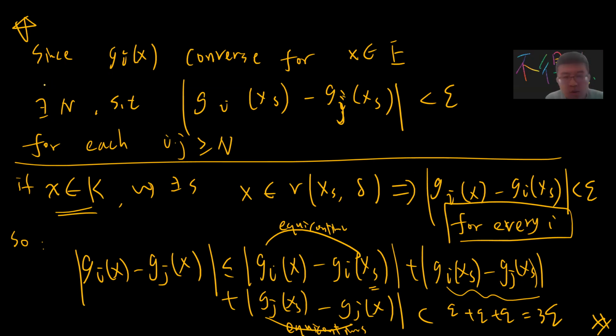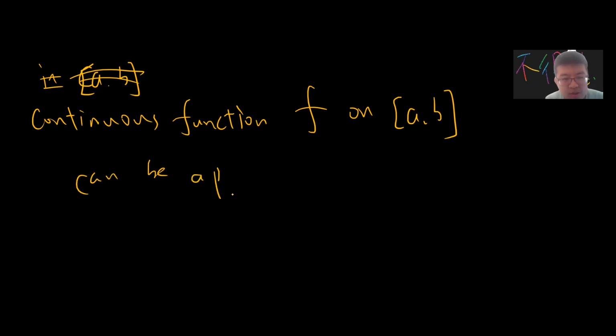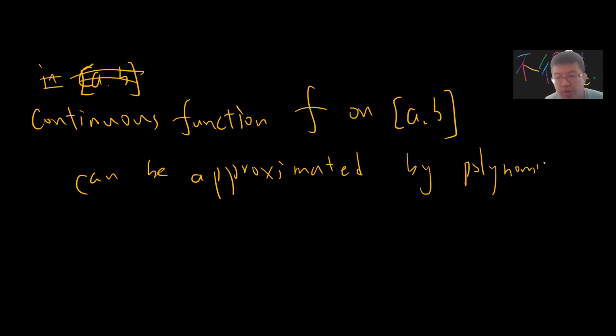So basically, what we already proved is that in [a,b], the conventional Stone-Weierstrass, a continuous function defined on a closed interval. So a continuous function f on [a,b] can be approximated by a polynomial. Okay, so this is the key idea.